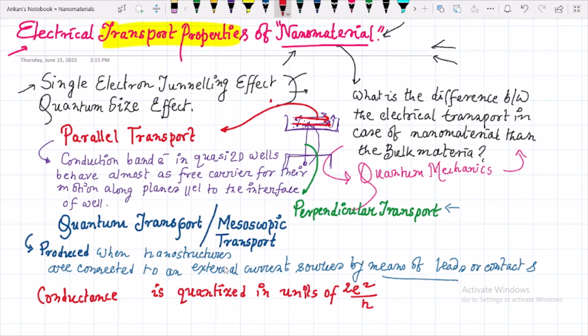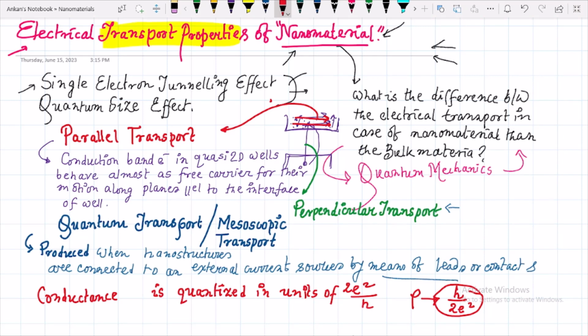So you can say that the resistivity is quantized in units of h upon 2e squared. This is quite strange and quite interesting, as this is not seen in our macroscopic materials.